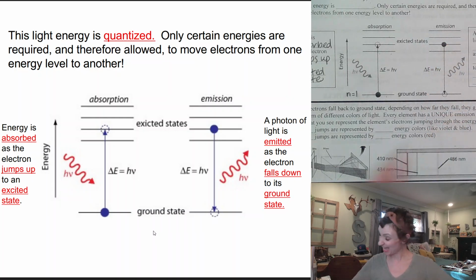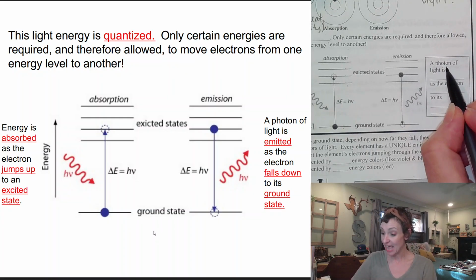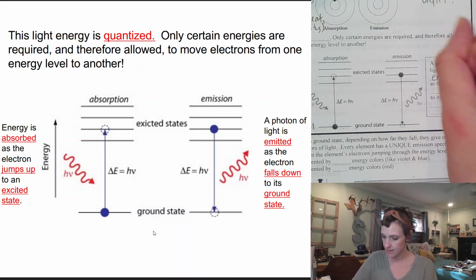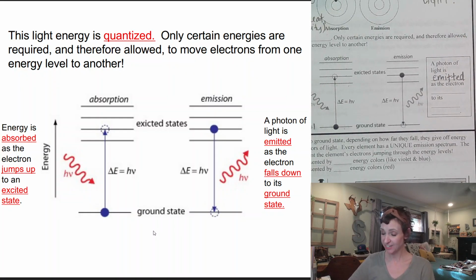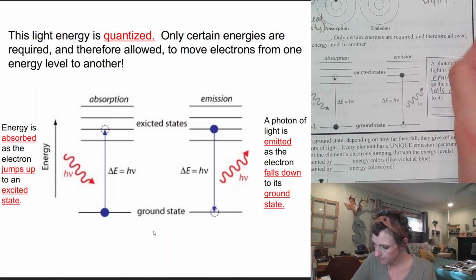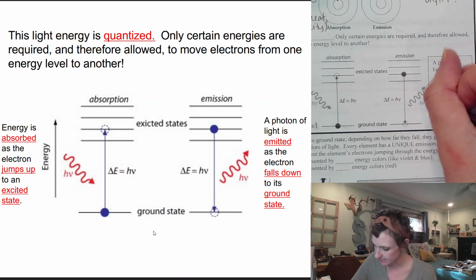And the result of that is that he releases energy. The term for releasing is an emission of energy. So it says a photon of light is emitted as the electron falls down back to where he started from. We call where he started from his ground state.